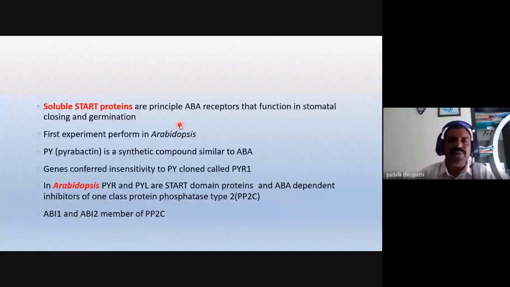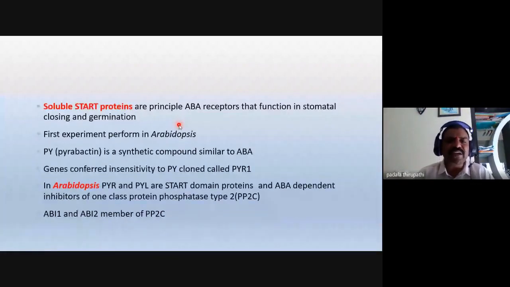The first experiment was performed in Arabidopsis thaliana, which is the best plant for the first experiments on ABA, abscisic acid. Then pyrabactin: pyrabactin is a synthetic compound similar to abscisic acid. The gene conferring sensitivity to pyrabactin was cloned and called PYR1, that is pyrabactin resistance 1.